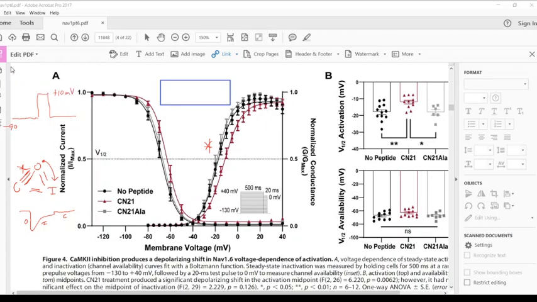Now that should evoke a current somewhere in this region here. So this voltage needs to be in this region so that you know G over G max is nearly 1, or the channels are going to be open.